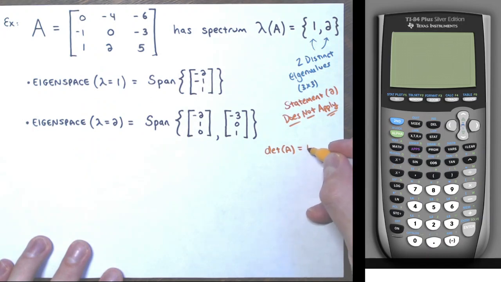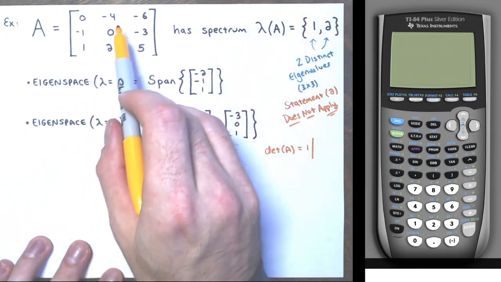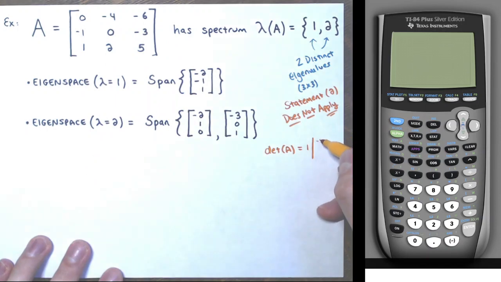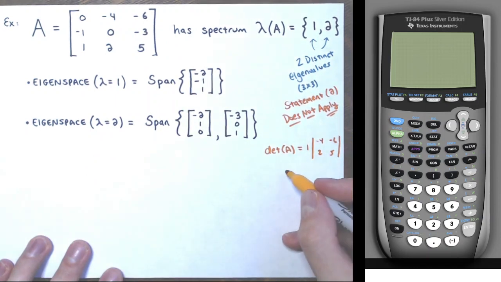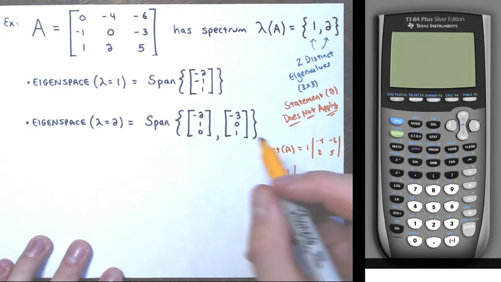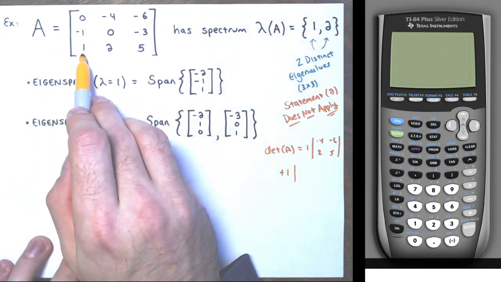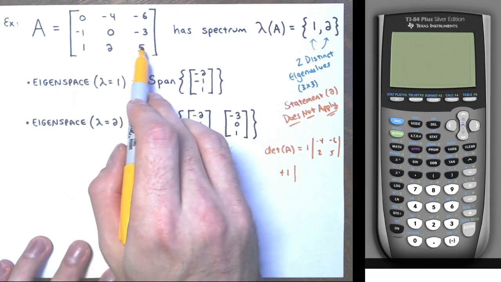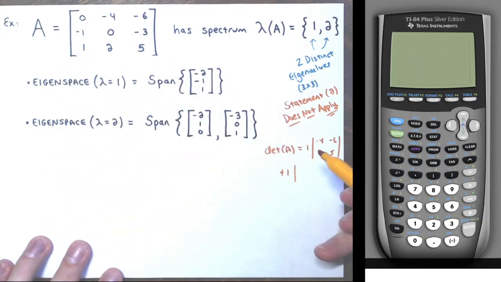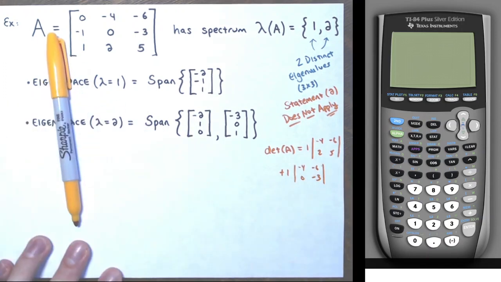So I'll have +1 times the minor, with -4, 2, -6, and 5 like that. And then +1 times, again down the first column here, the cofactor would just be the minor this time because that's an even position. -4, 0, -6, -3. Pardon me, sorry, my dog is barking a bit.